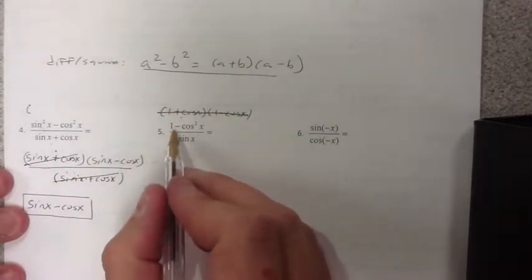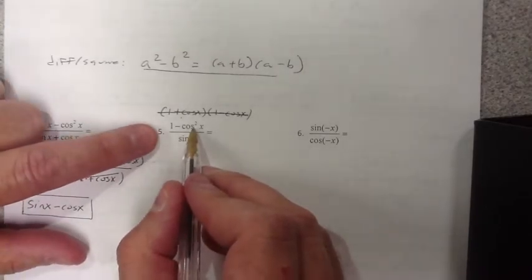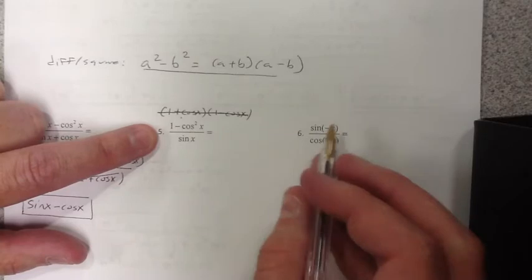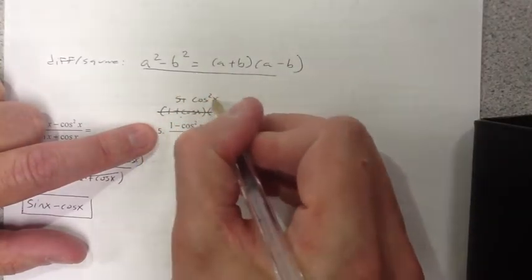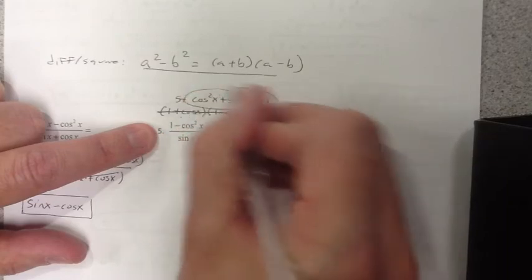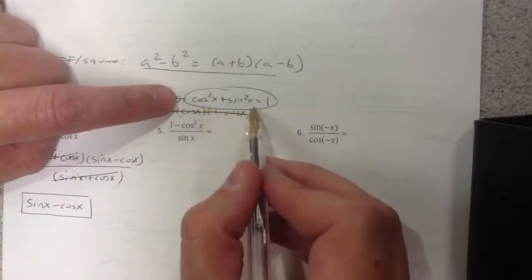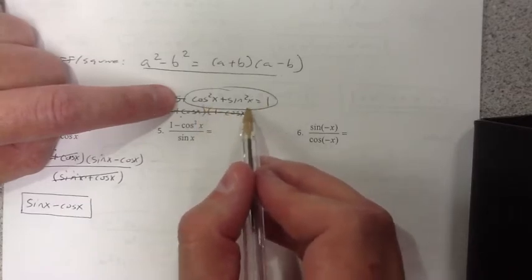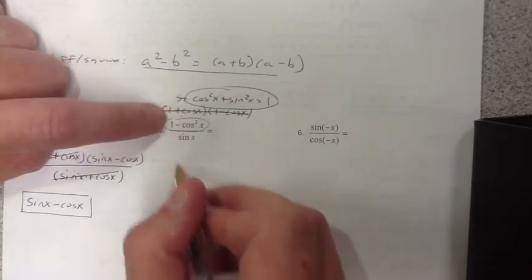So I ask, what is 1 minus cosine squared? Do I have a rule for that? That's one of my Pythagoreans. Remember we knew this? Cosine squared of x plus the sine squared of x equals 1. I can use my Pythagorean. If I bring over the cosine squared, I'm going to get 1 minus the cosine squared, and that's going to be left with sine squared of x.